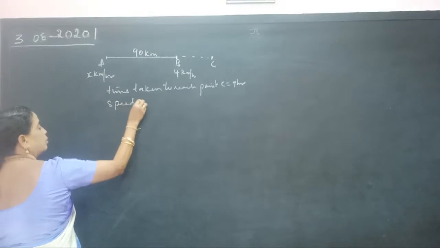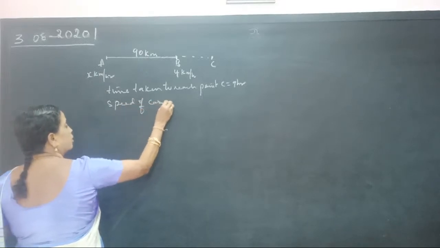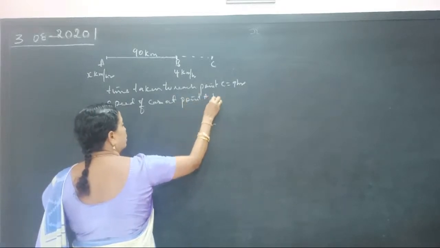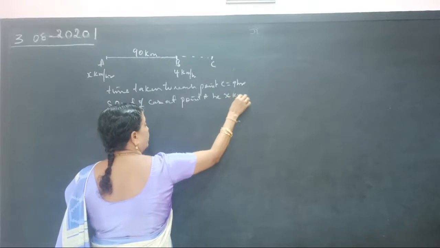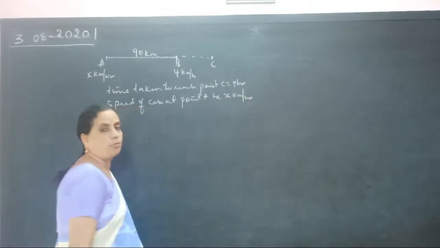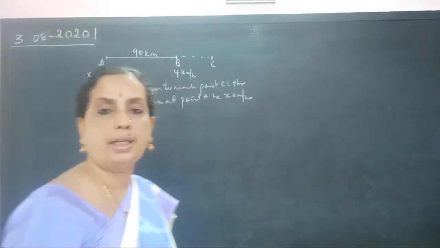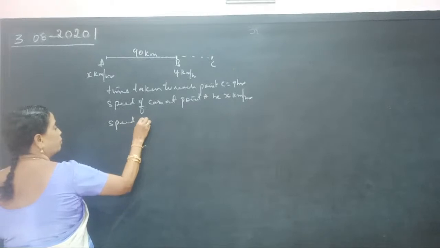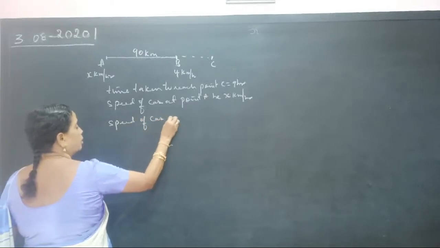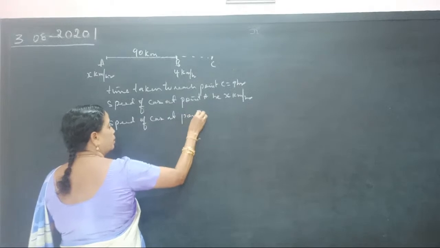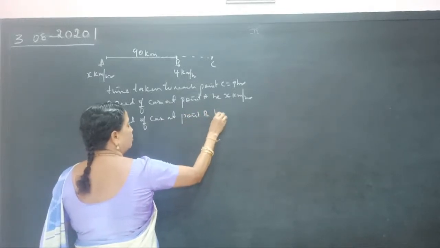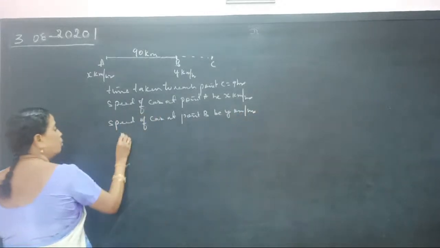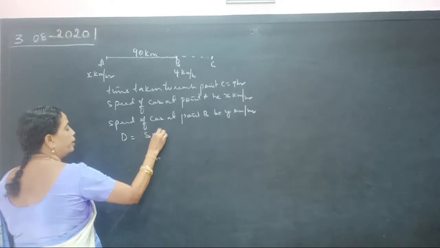Speed of car at point A be x kilometers per hour. What we have taken, you have to mention here as a sentence. Speed of car at point B be y kilometers per hour. And we know distance equals speed into time.